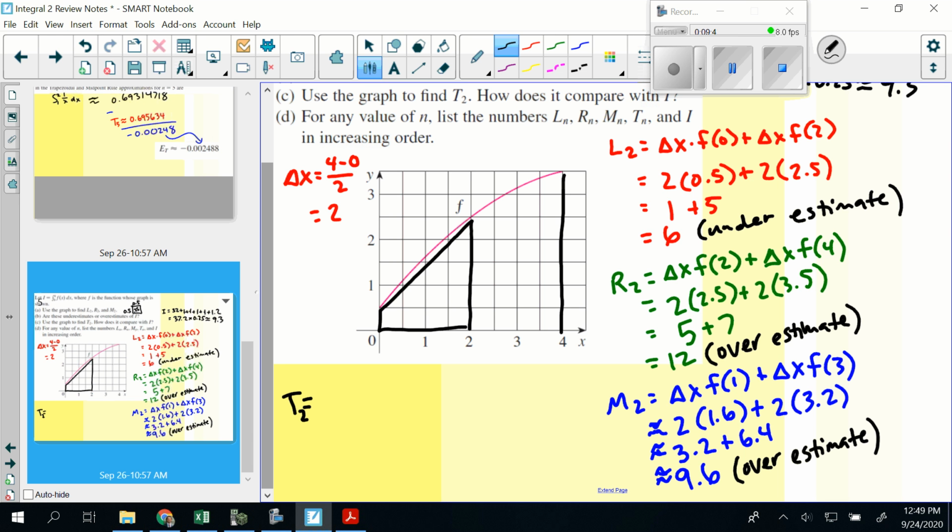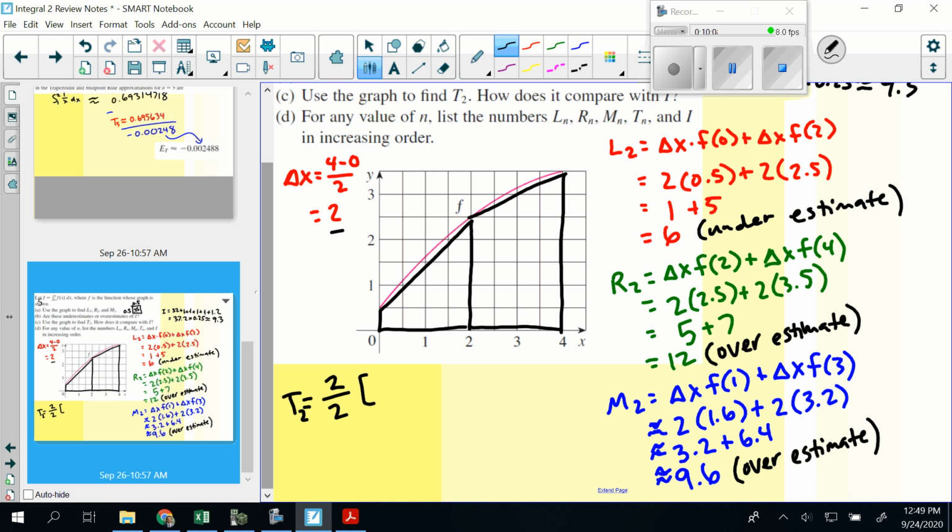Here's the other base. That's the height. There's the other trapezoid. So that should give us a very good approximation. It's going to be a little bit under the actual value of I, but should give us a pretty close estimate. So our change in x, or our height, is still 2 here, but remember with a trapezoid we're dividing that by 2 because of the way you find the area of a trapezoid.